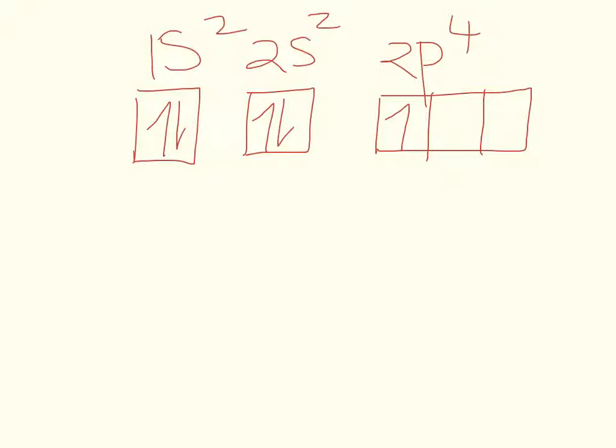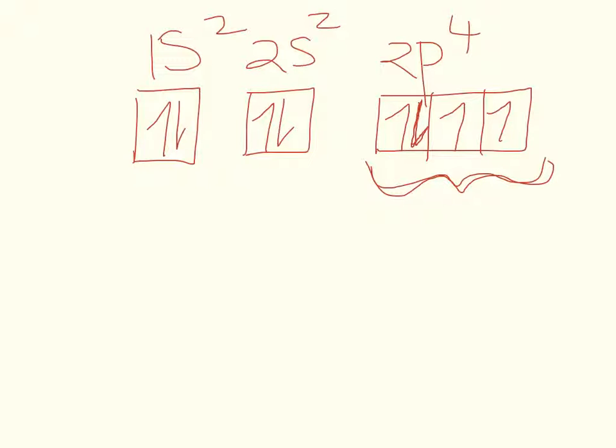So clockwise, completely filled. The set gets half filled first, and then pairing up starts. So there are 4 electrons in this orbital.